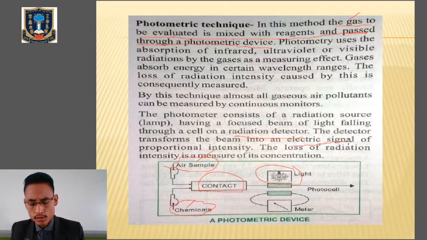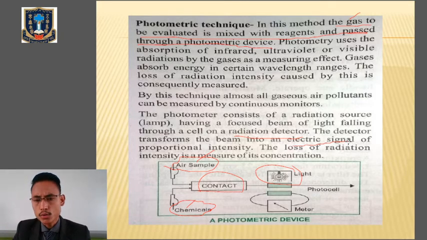So once the gases pass through the photometric devices, they will start to lose the radiation intensity. Now the loss of radiation intensity is a measure of its concentration.